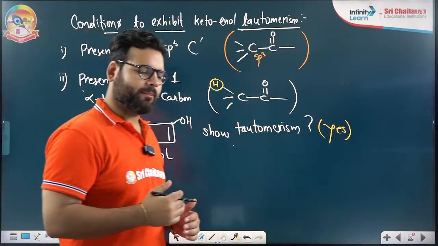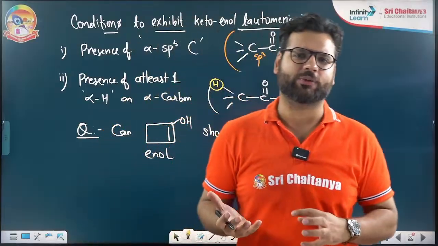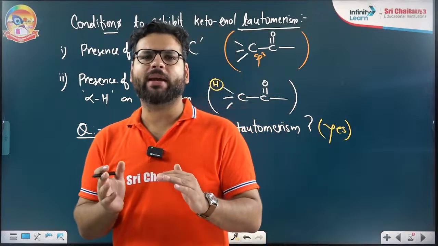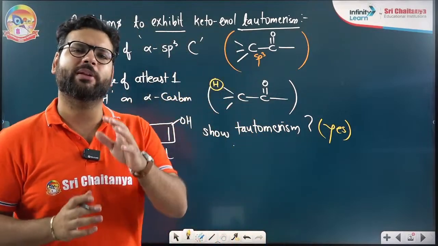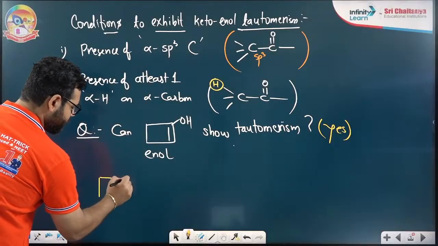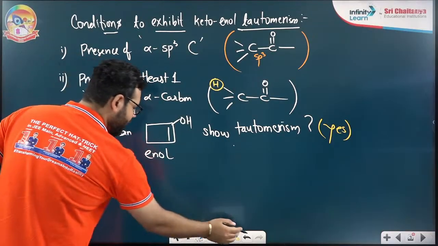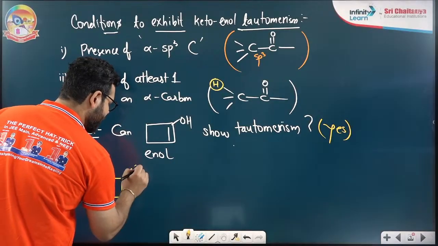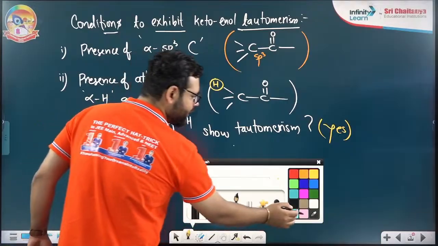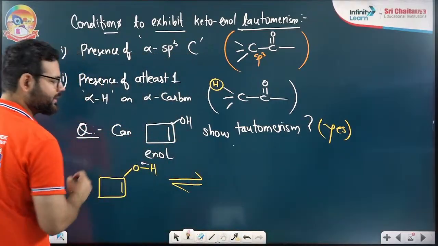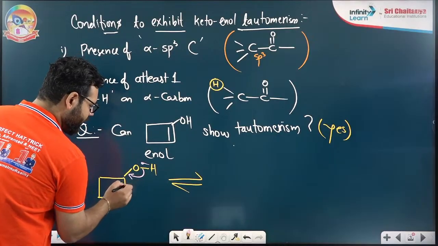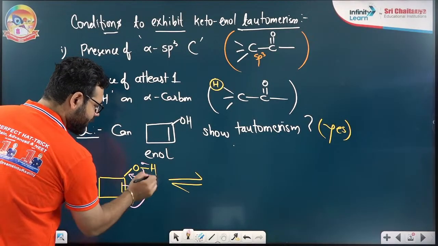You can show it also. Sigma becomes pi, pi becomes minus, minus takes the H plus. Exact opposite you do now. Same, sigma becomes pi, pi becomes minus, minus takes the H plus, but in the opposite direction. See here, this is the enol. We know that the hydrogen on the oxygen will shift. This is the sigma bond. Just move back now.